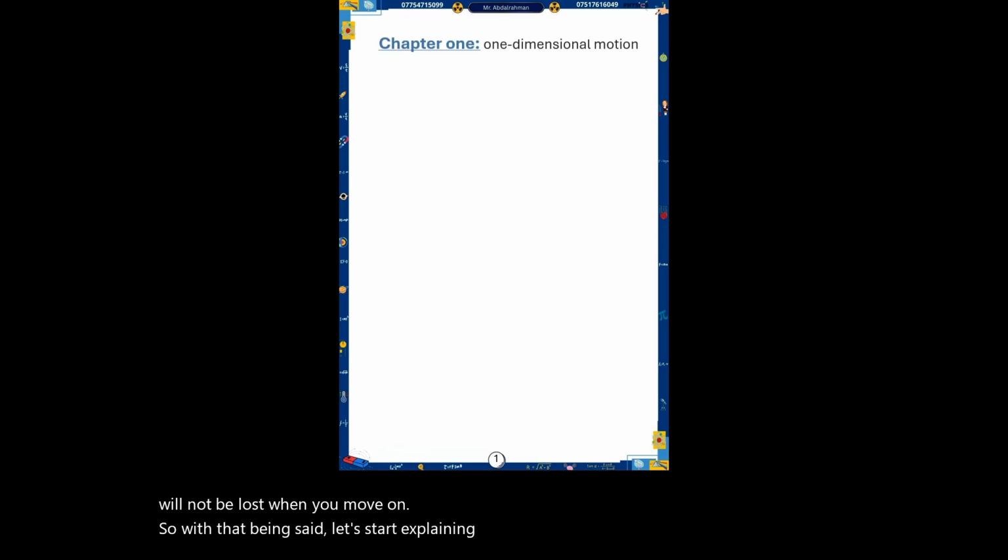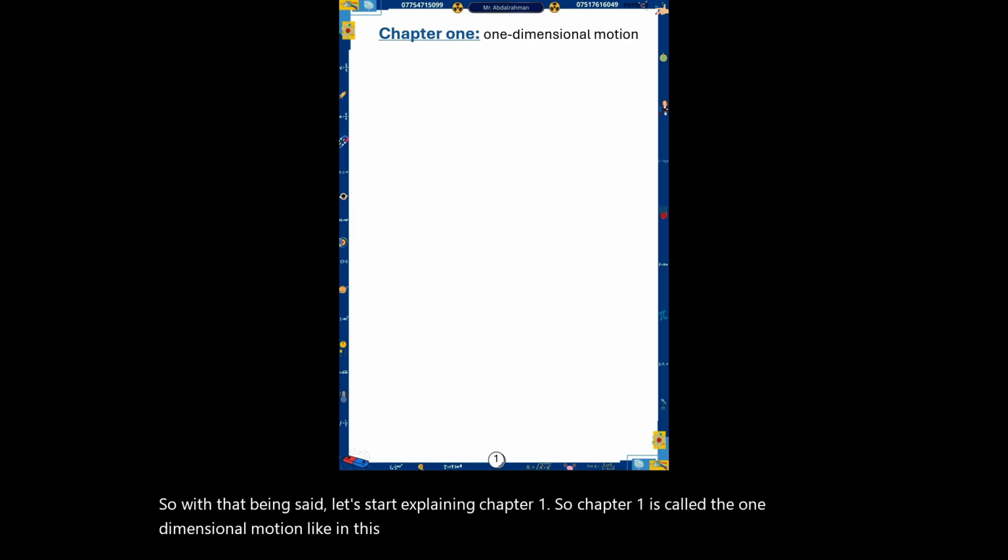Chapter 1 is called one-dimensional motion. In this book, we have one-dimensional motion in chapter 1, and in chapter 2, we have two-dimensional motion, and we are going to understand the difference between them in a moment.